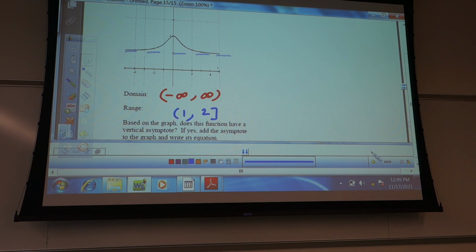Does it have a vertical asymptote? Up, down asymptote? No. Does it have a horizontal asymptote? Yes. What's the horizontal asymptote? Something equals 1. What equals 1? So pick a spot on here and figure out what's 1 at that spot. So I'm going to pick this spot here.